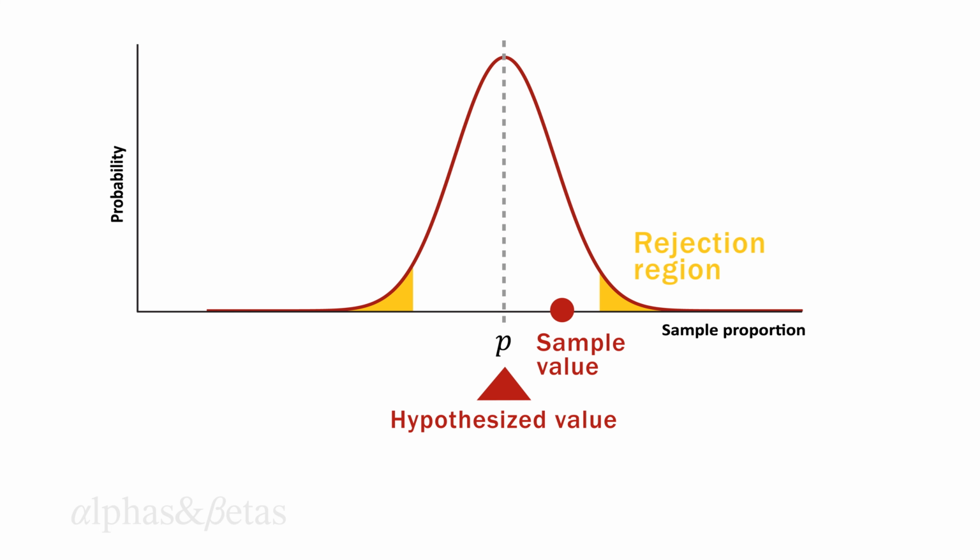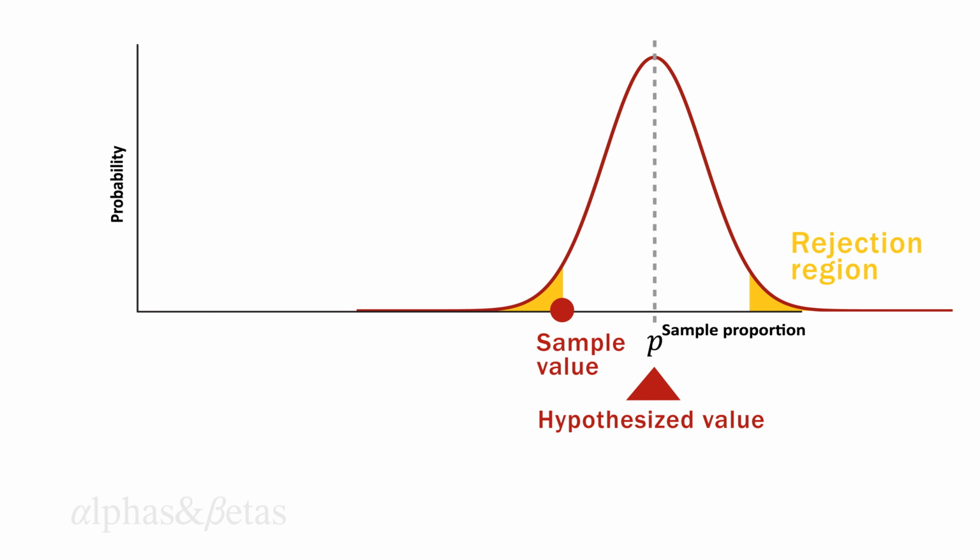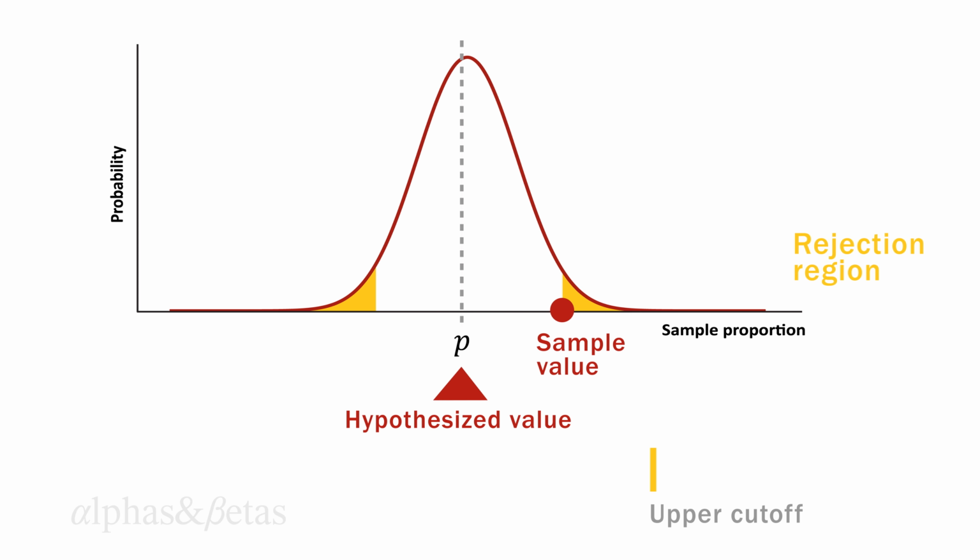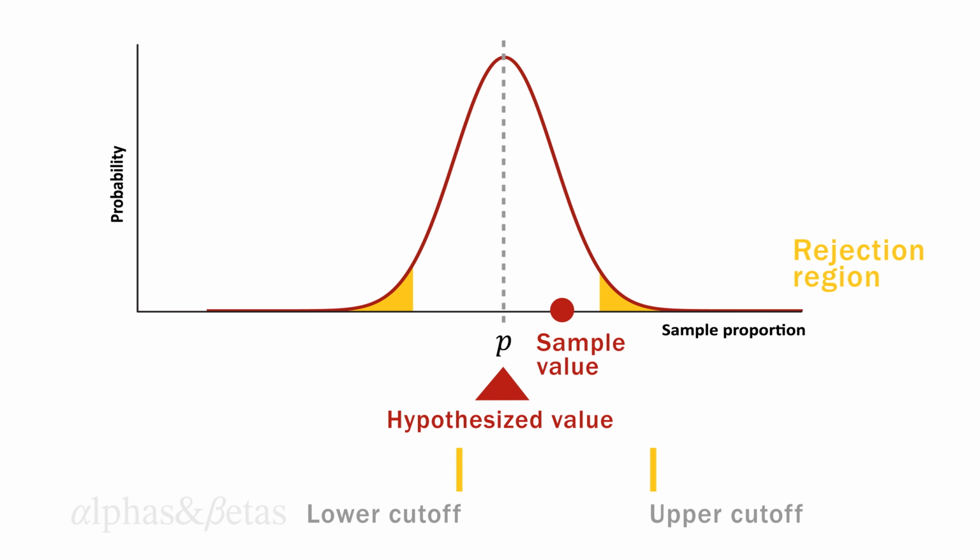So you position the test statistic at the lower cutoff of the sampling distribution to see how high the center of the sampling distribution can go, and position the test statistic at the upper cutoff of the sampling distribution to see how low the center of the sampling distribution can go. This gives you a range of possible values of the parameter for which H0 would not be rejected if you got that test statistic.